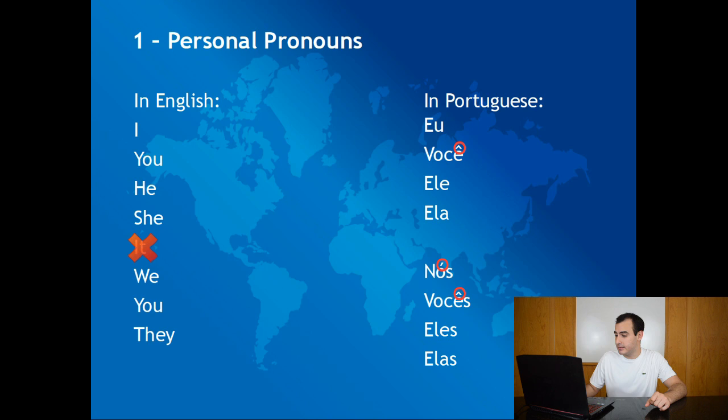Like this apostrophe above the letter O in nós, or this little upside down V over the letter E in você and vocês. I'll talk about this subject in a future video. Okay, let's go ahead.